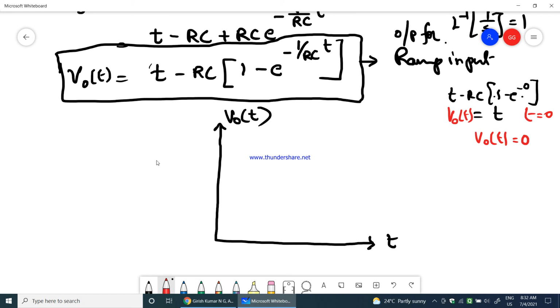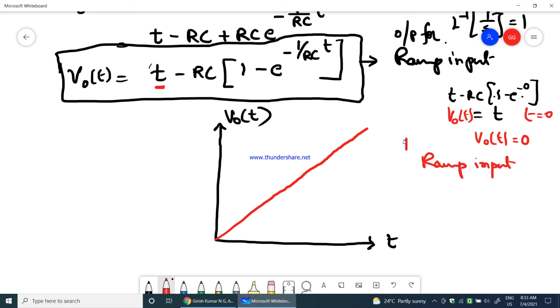Therefore, whenever you change the value of time t, that time t will also change here. So you can check that the graph will increase like this. This is the ramp that you get. This is the curve that you get for the ramp input.